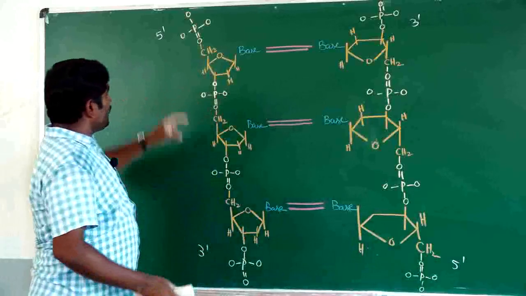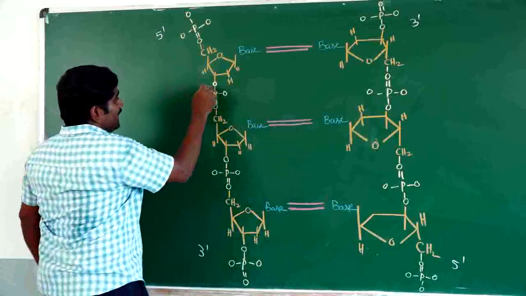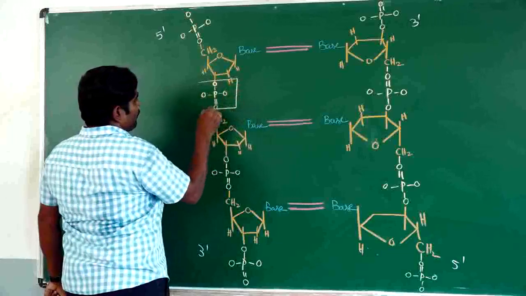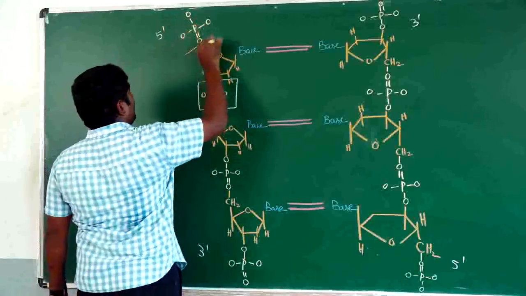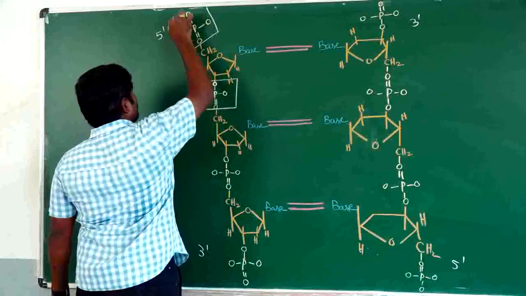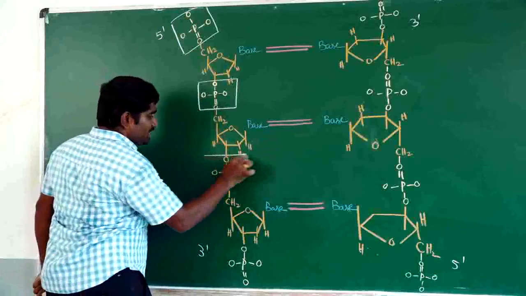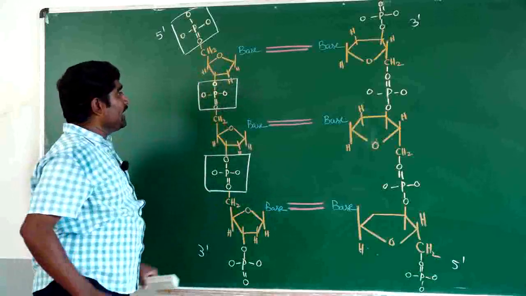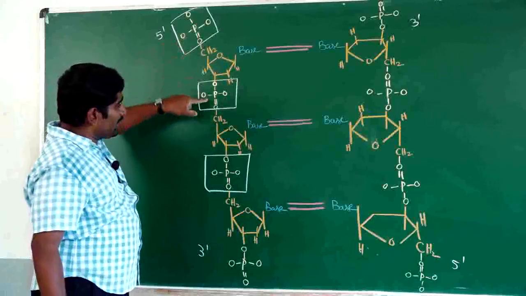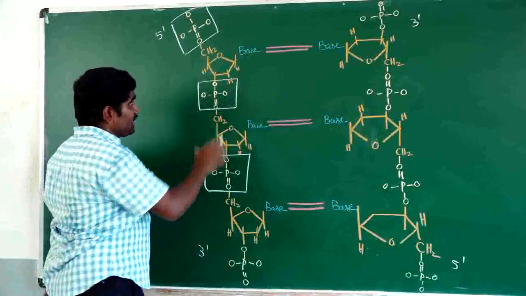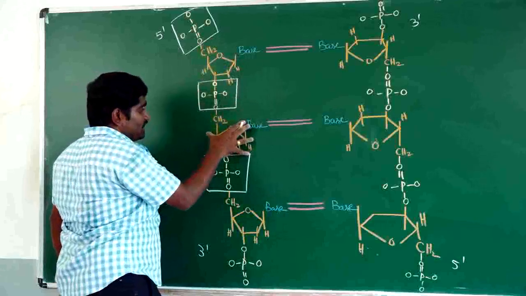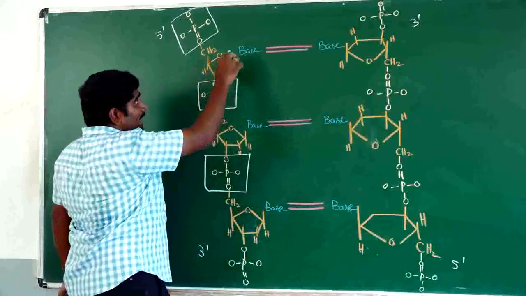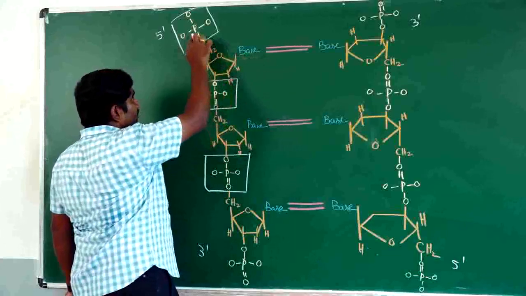You can see this is a polynucleotide strand, and this bond is called a phosphodiester bond. In between two nucleotides, a bond is present called the phosphodiester bond. This is one nucleotide, this is one nucleotide, this is one nucleotide. A nucleotide contains a base and phosphate groups.